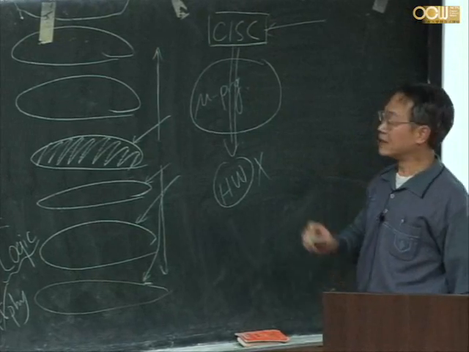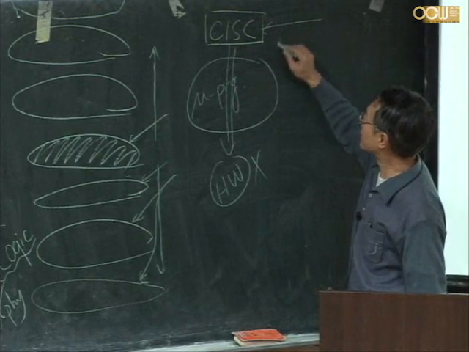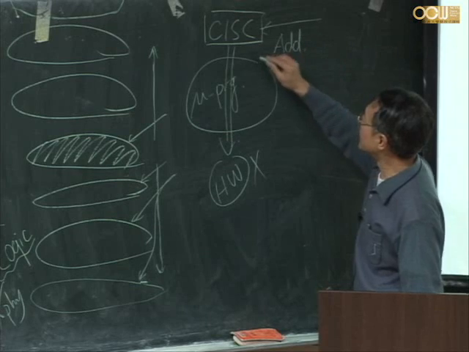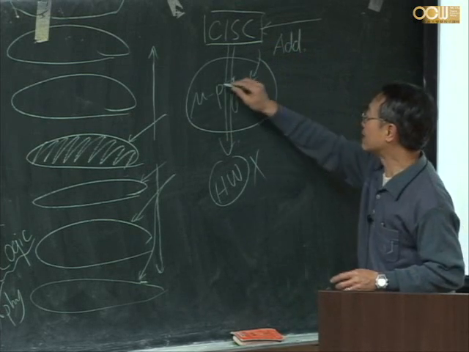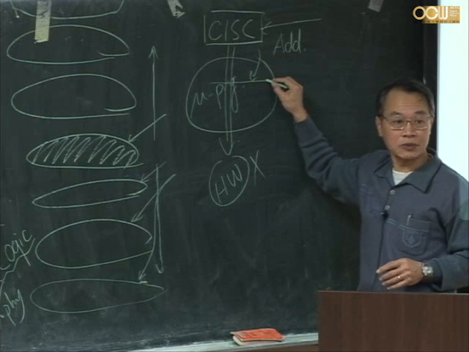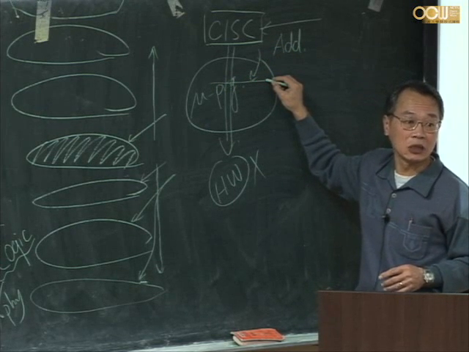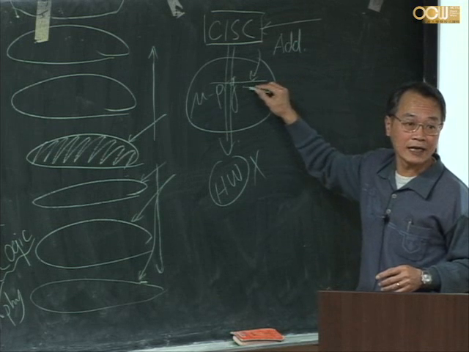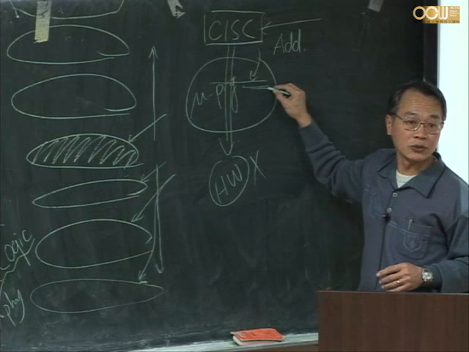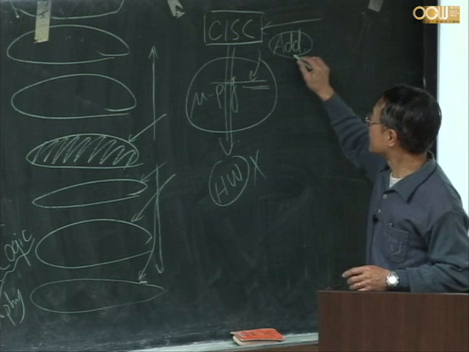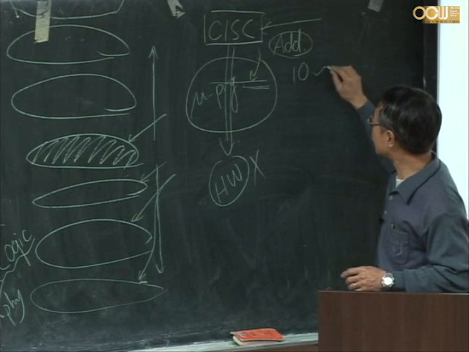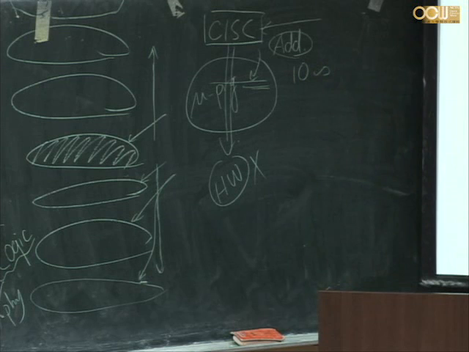But in executing every one of these instructions, even for the simplest add, you need to go through the microprogram, at least one cycle for microinstruction fetch, perhaps one more cycle for microinstruction decode, and then a few more cycles for source read, add, and result write back. So this add may take you 10 cycles, from 2, 3 to 10 cycles.